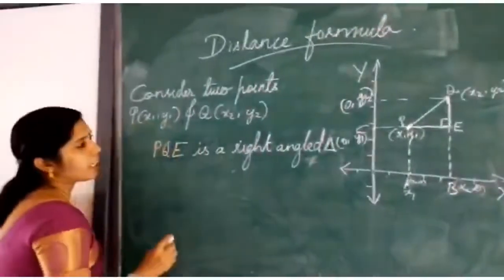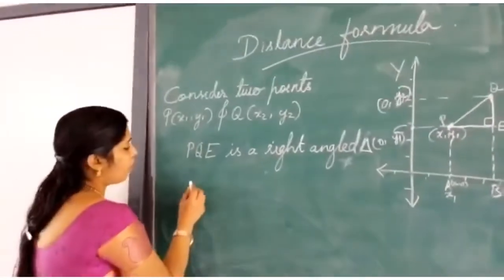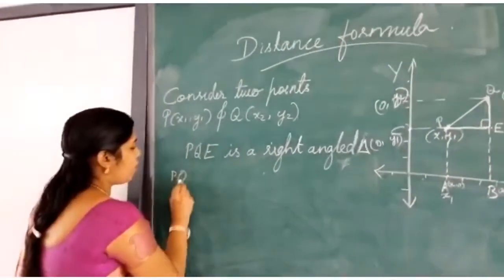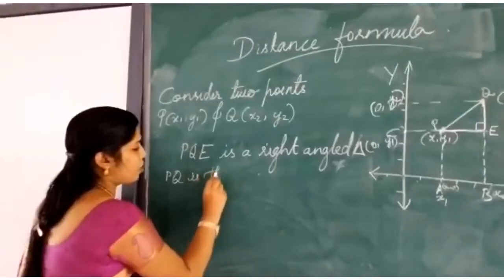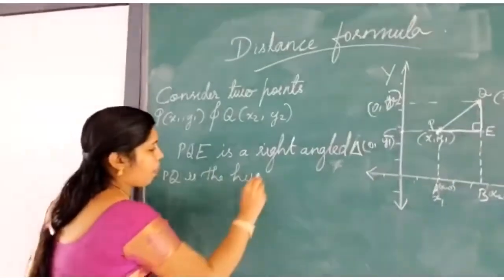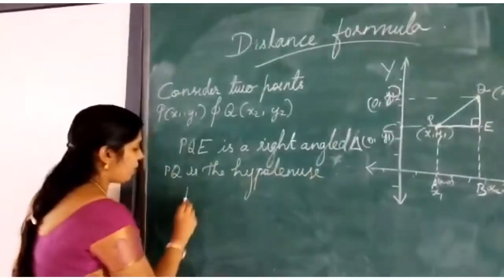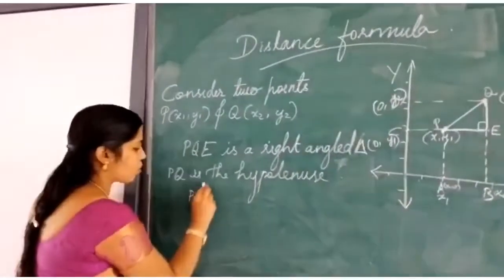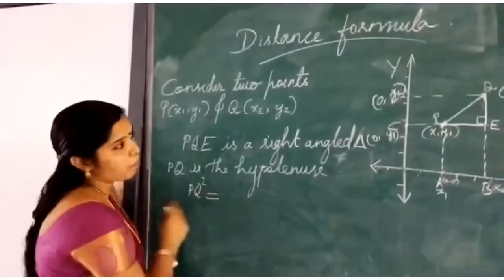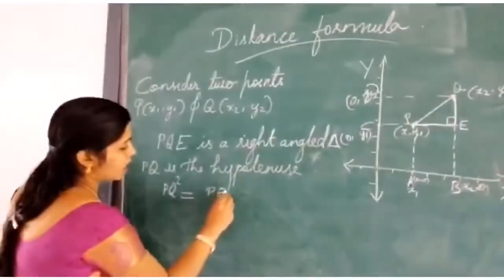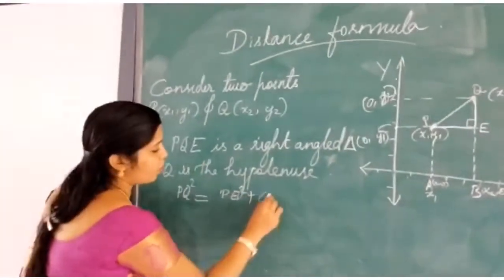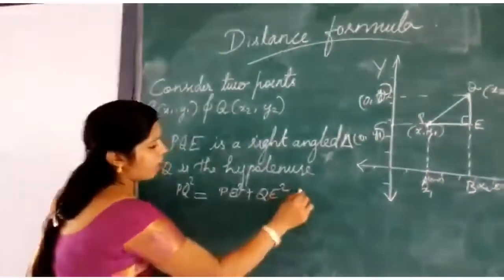So PQ is the hypotenuse, and we can write PQ square is equal to PE square plus QE square.